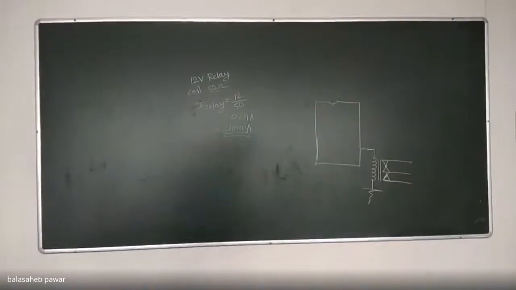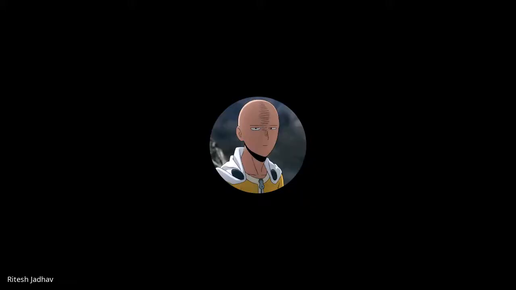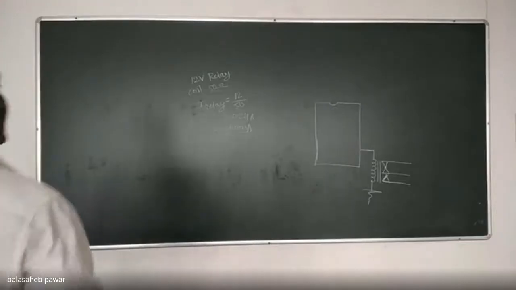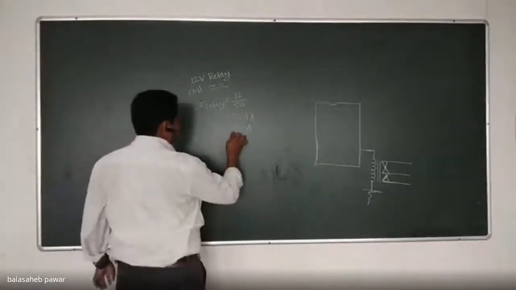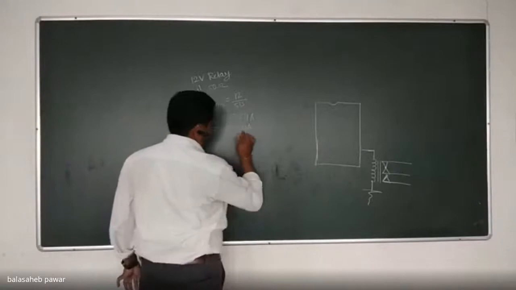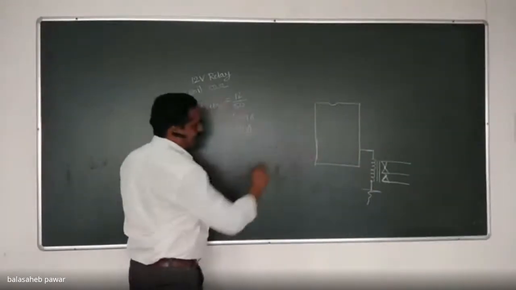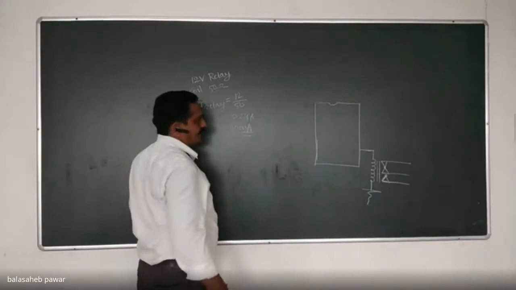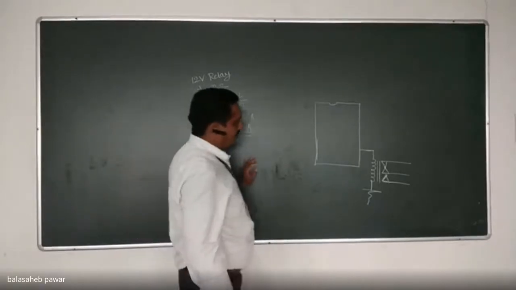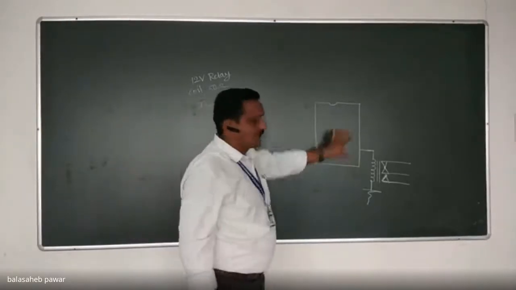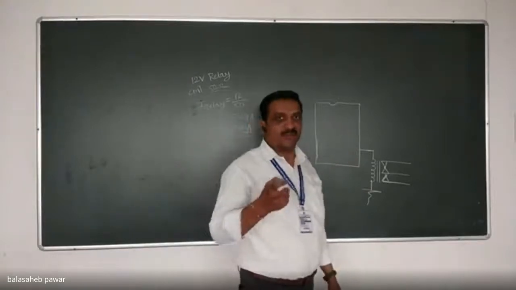Okay. Is it visible properly? Yes, sir. Okay. So see that relay current requirement, it is of 240 milliamperes, right? And how much is the sourcing? Now see, if that relay is connected directly to the output of our microcontroller, then the controller will act as a source to operate the relay.